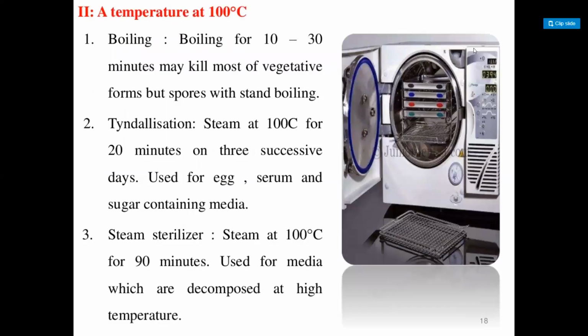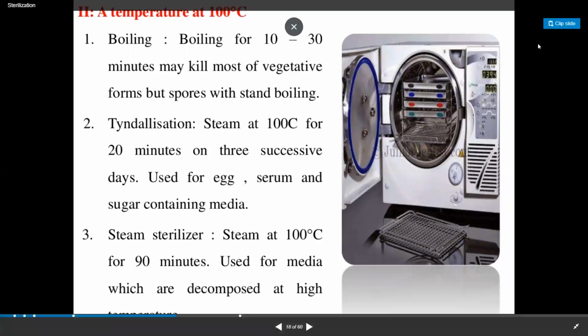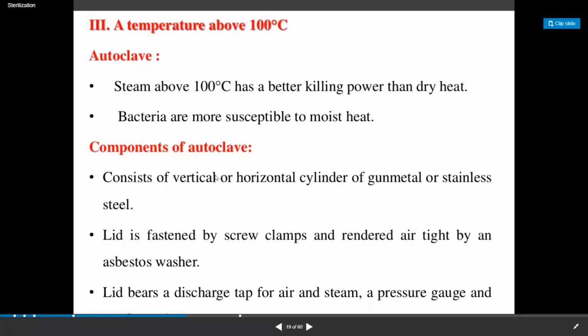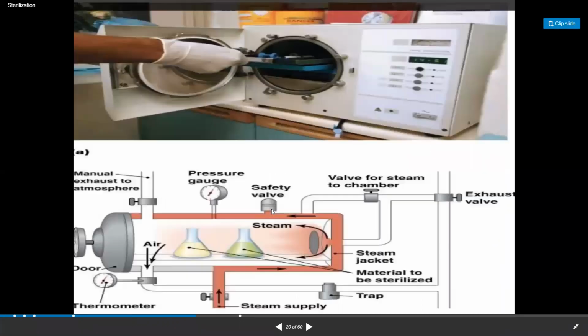Then coming to the next is temperature. You can also heat the substances at 100 degrees Celsius. Then comes the important part, that is the autoclave. We have already mentioned that autoclave must be done at 121 degrees Celsius at 15 psi pressure. This is an autoclave.